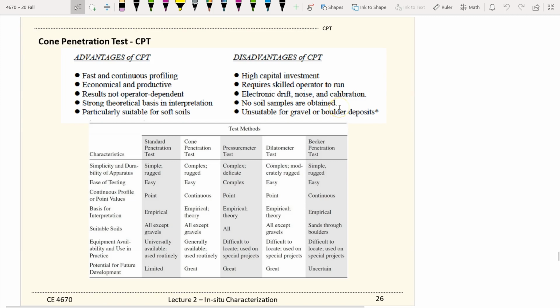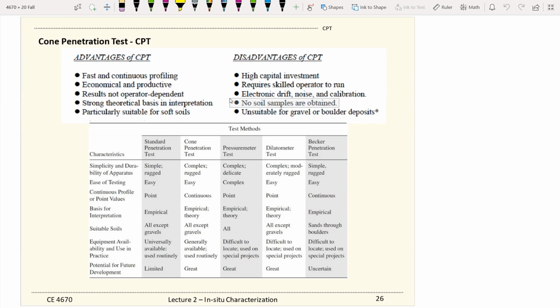One huge disadvantage of CPT is you cannot collect soil samples. This may hurt you in classification, because if you go to the Robertson chart, it may not give you very detailed classification, as opposed to collecting soil samples and shipping them back to the lab to run adequate tests.